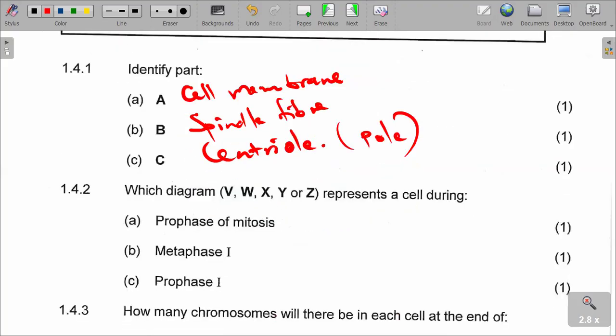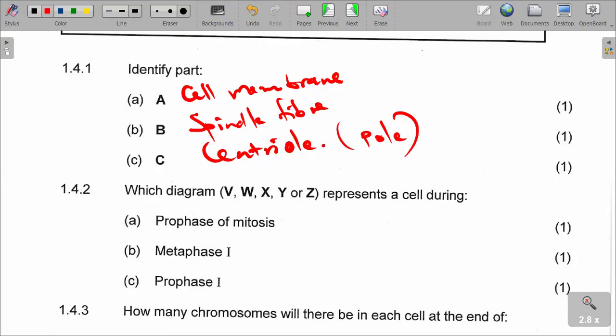And then which diagram, V, W, X, Y, Z, represents a cell during prophase of mitosis. You always need to know these processes.